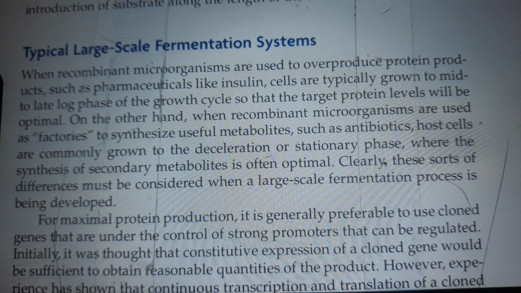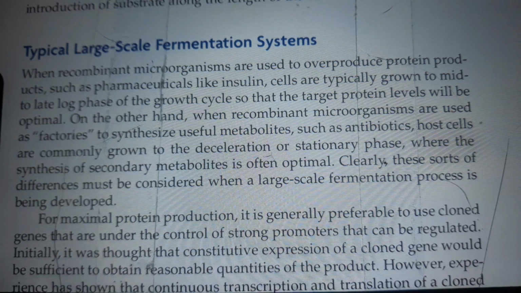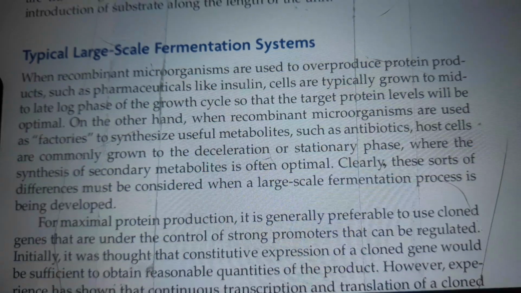On the other hand, when recombinant microorganisms are used as factories to synthesize useful metabolites, such as antibiotics, host cells are commonly grown in the deceleration or stationary phase, where the synthesis of secondary metabolites is often optimal. Clearly, these sorts of differences must be considered when a large-scale fermentation process is being developed.